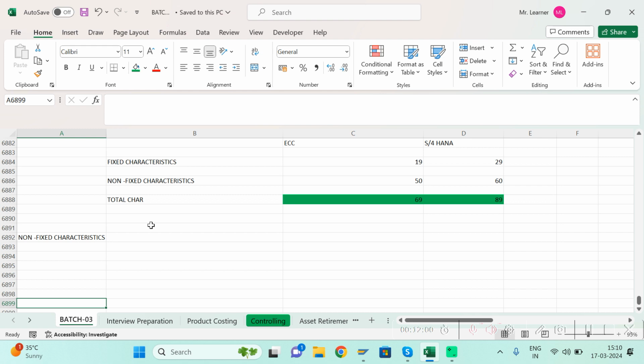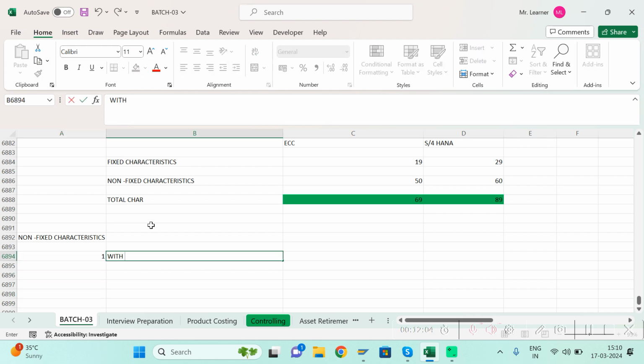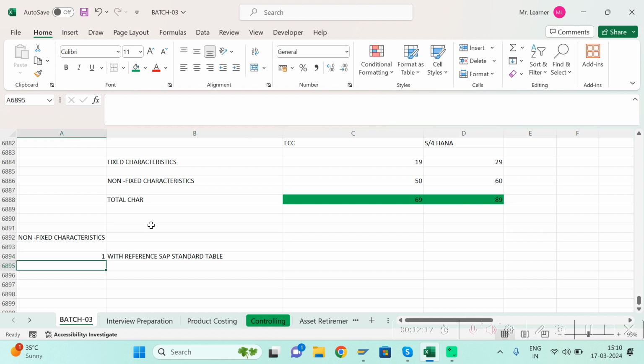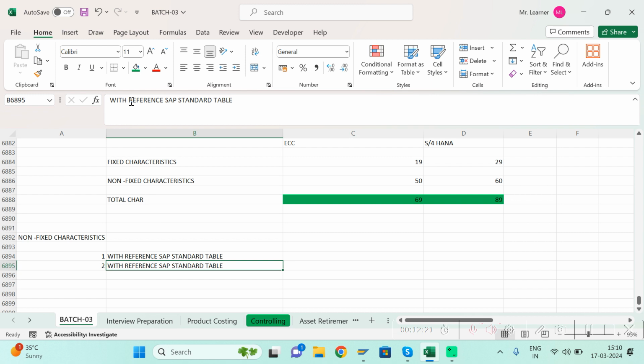One, with reference to SAP standard table. Another, without reference to SAP standard table.